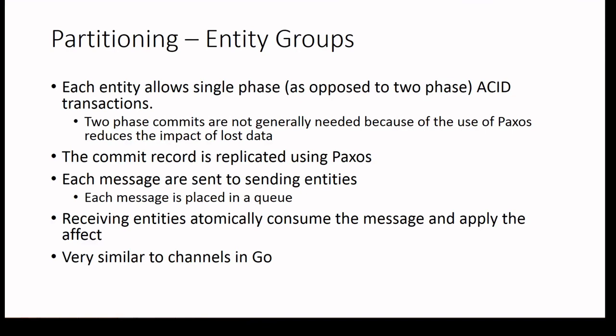Megastore, however, uses single phase transactions. Now that has some advantages and some disadvantages. The primary advantage is that you're using half as many messages because you're using only a single phase instead of two phase. So your network traffic overhead has been cut in half. One of the disadvantages is that you're more likely to lose data in transit.